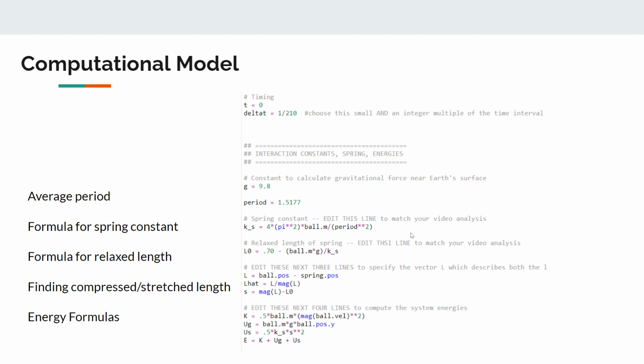Then we calculate the spring constant using the formula 4 pi squared times the mass over the period squared. And then we also find the relaxed length of the spring and all the other stuff that we're going to need to find our potential energy of the spring down here.